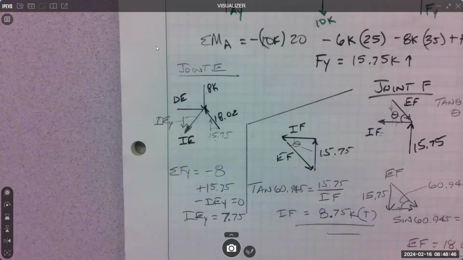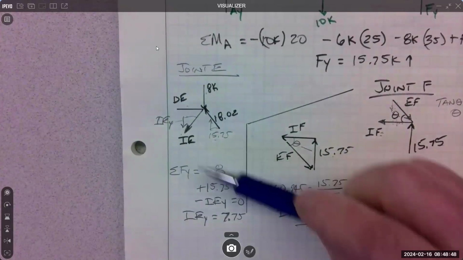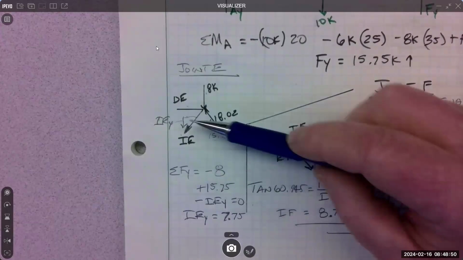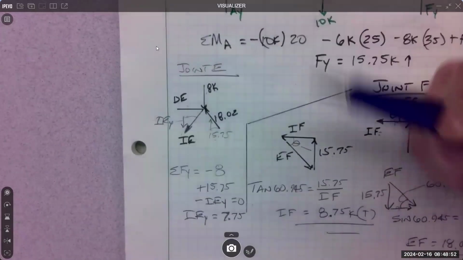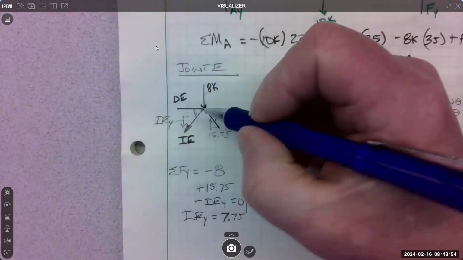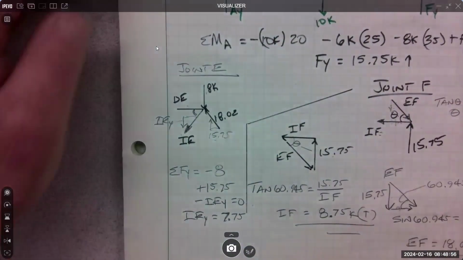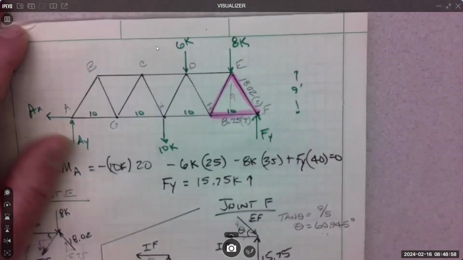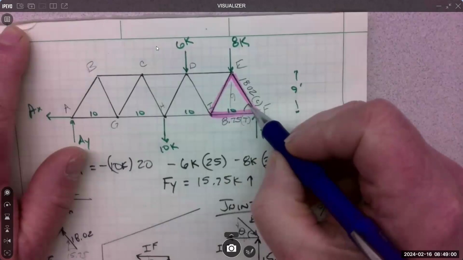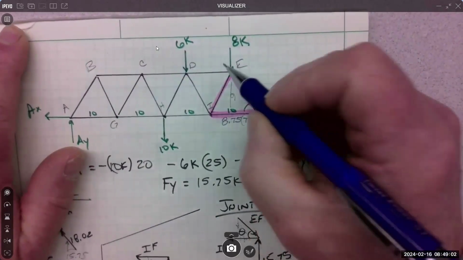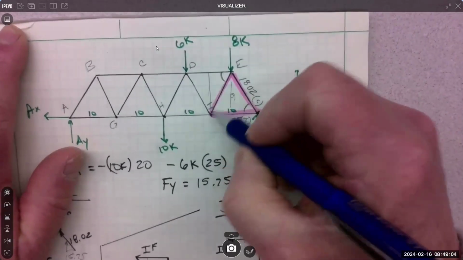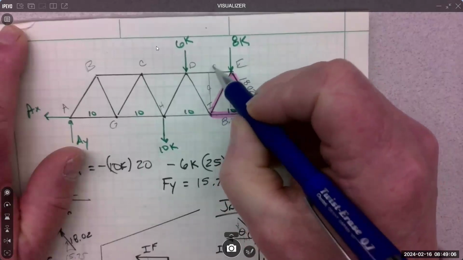But I'm just going to finish with finding IE now, because I have IEY, the Y component. I need an angle, so I need to know what that angle is. If we look back, we found our theta by doing 9/5. This one would be the same, right? 9/5.